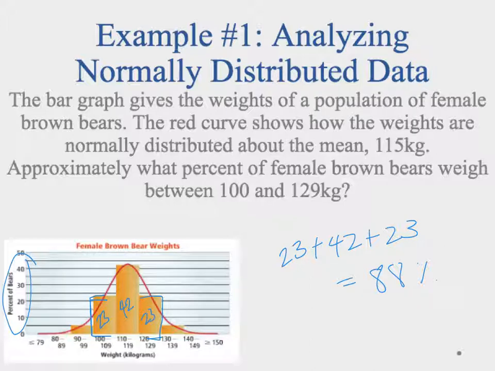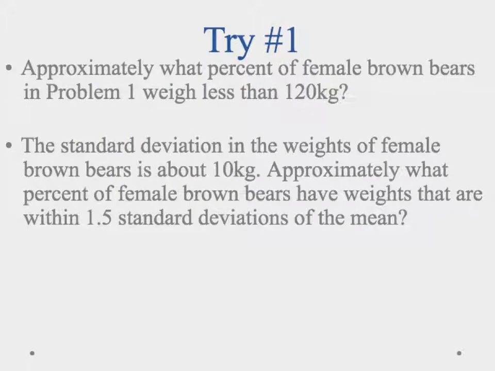All right, let's take a look at the next example. In try 2, it says approximately what percent of female brown bears found in problem 1 weigh less than 120 kilograms.